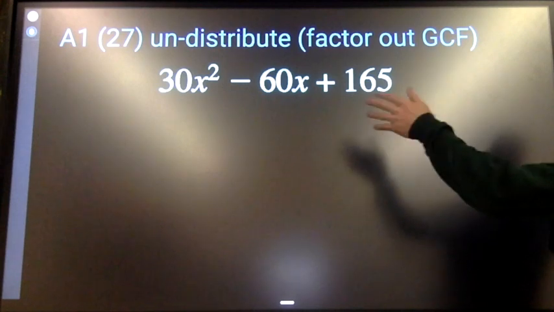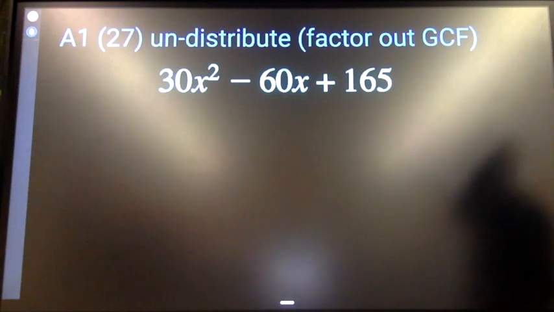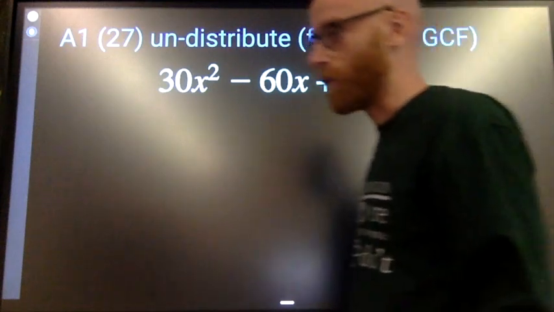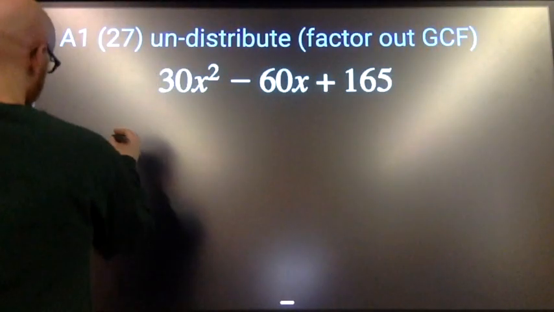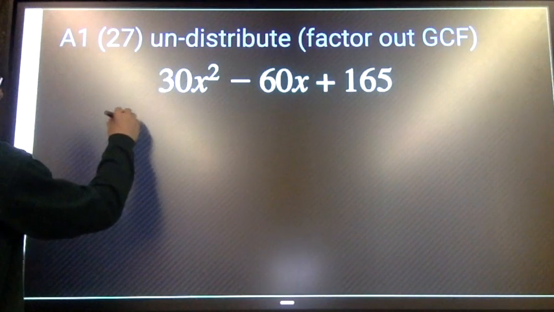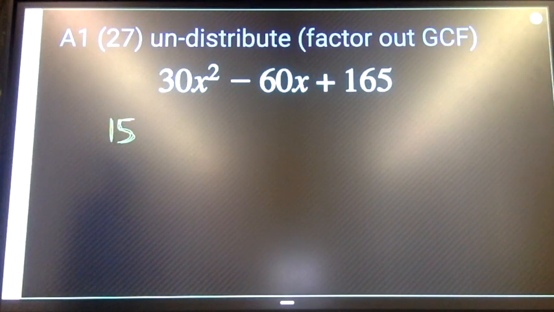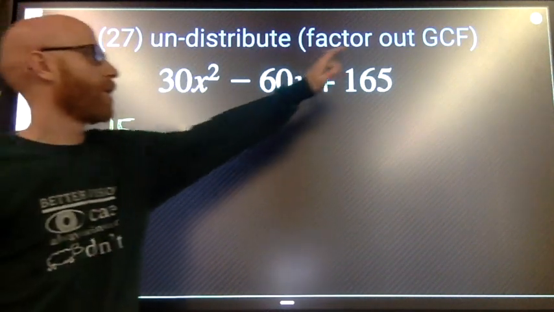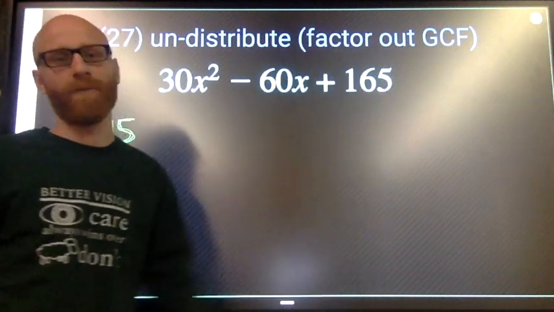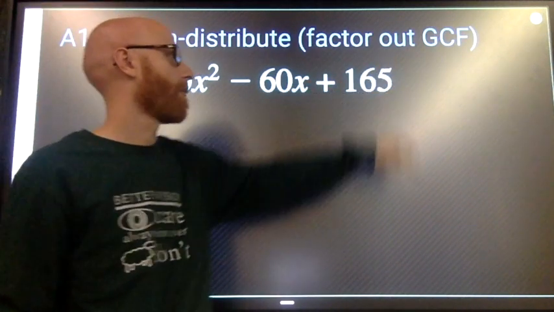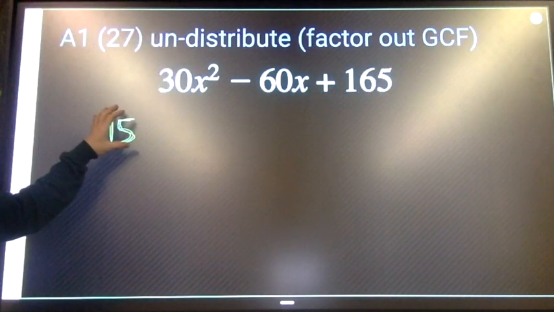GCF of 30, 60, and 165 is going to be 15. There's no shared variable because this one doesn't have an x term. All right, so this is our GCF.